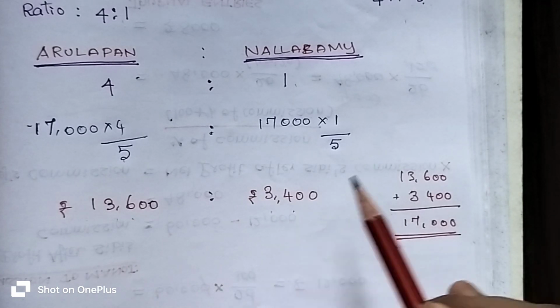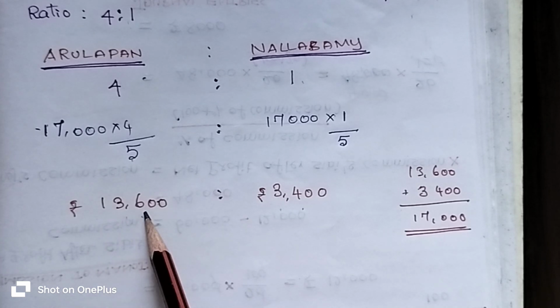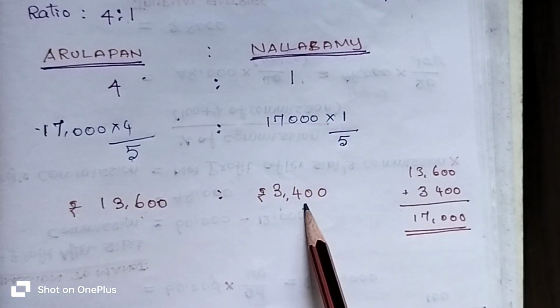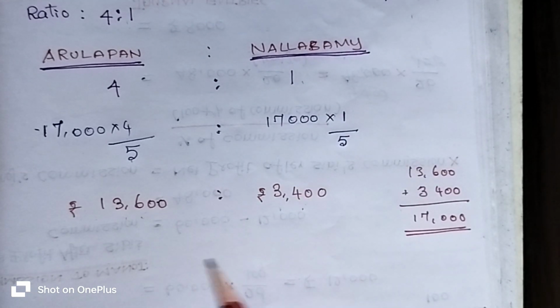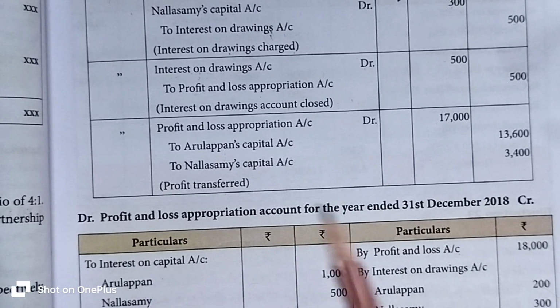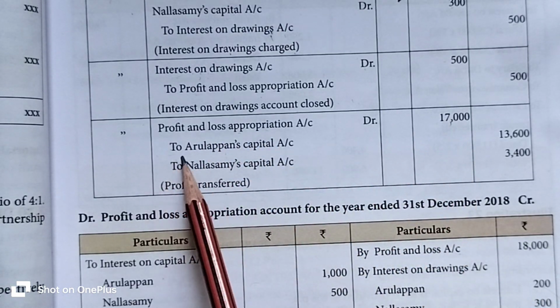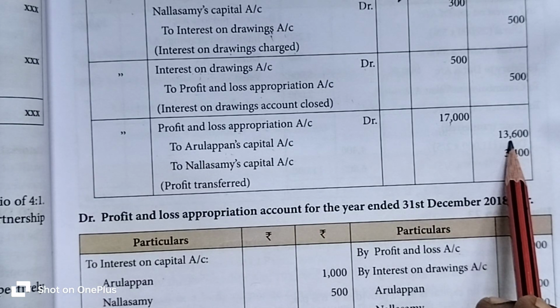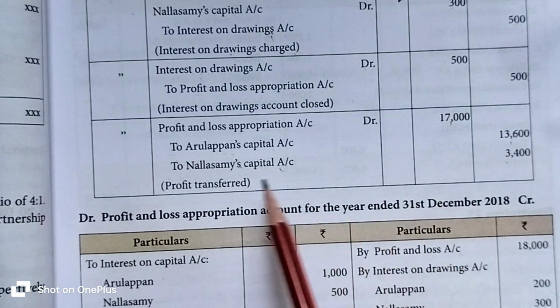Okay, so Arlappan's profit is 13,600 and Nallaswamy's profit is 3,400. We have to pass the journal entry for their ratios. So profit and loss appropriation account, 17,000 rupees, to Arlappan's capital account 13,600, to Nallaswamy's capital account 3,400. Profit transferred.